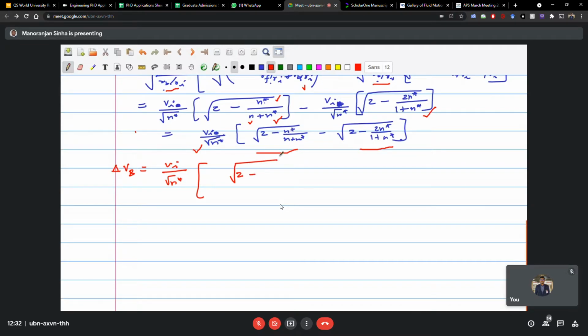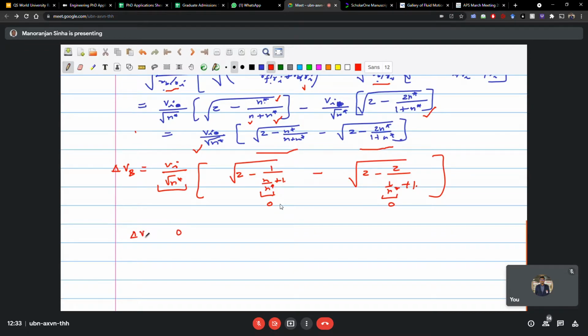And we divide by n star in the numerator and denominator. So this is n by n star plus 1 and minus... so n star tends to infinity, this quantity goes to 0, this quantity goes to 0, and this quantity also goes to 0.